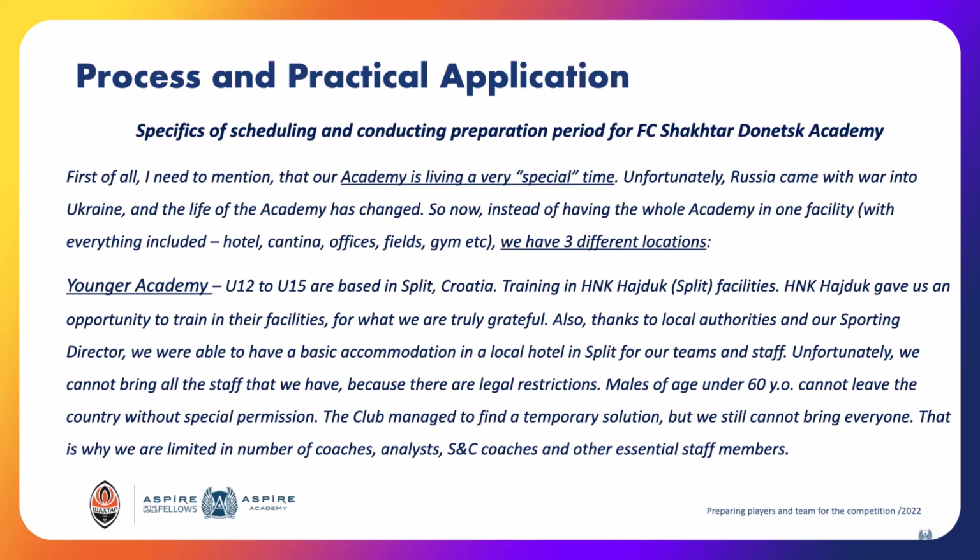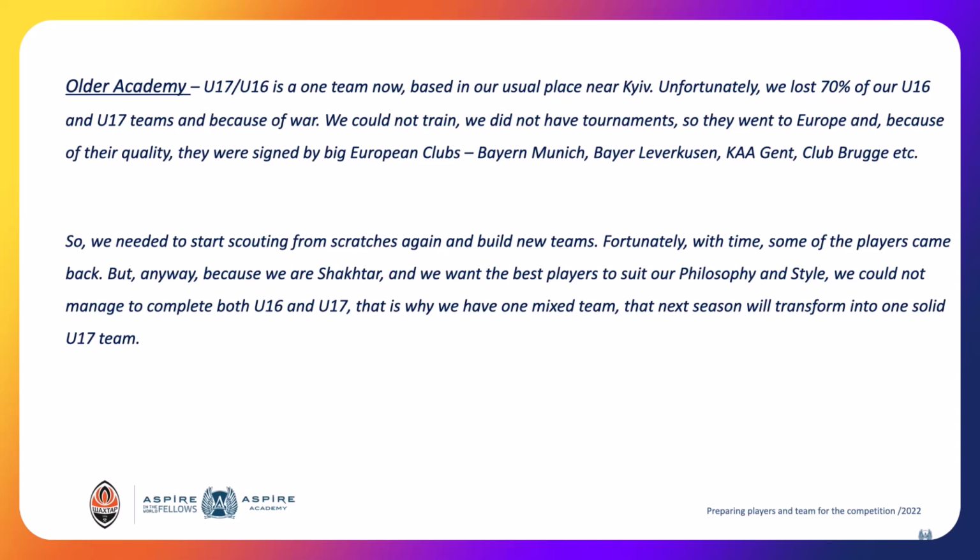Then we have our CEO, who affects all the decisions in the club and in the academy, and the person who is more involved in the processes and is in fact like the head of the academy, the sporting director. He implements all the needs that the club has for the academy.